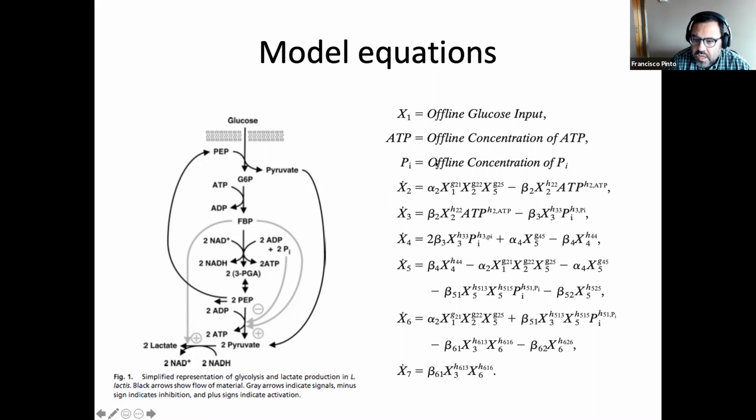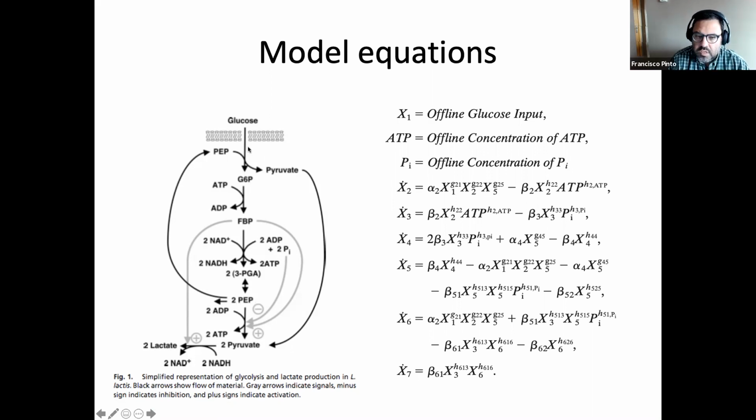And this would be X1, that is the offline glucose input. So the more glucose you have, the greater will be the flux through this reaction. It will also be affected by its own value if we consider that there is some reversibility that is common, and it will be affected by X5, that is this phosphoenol pyruvate that participates in this reaction.